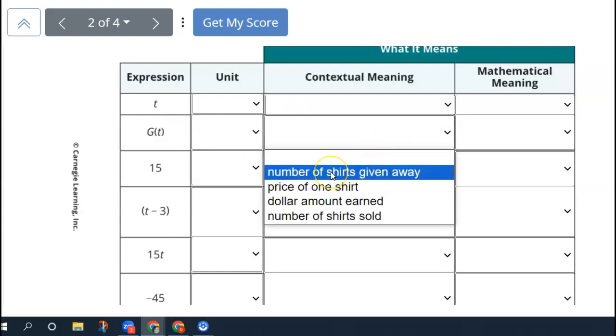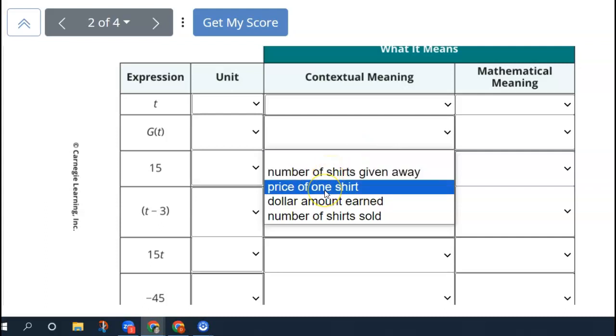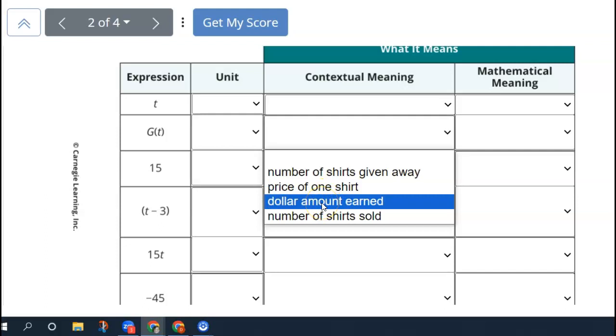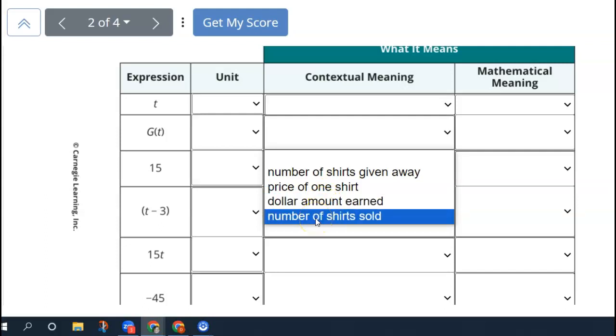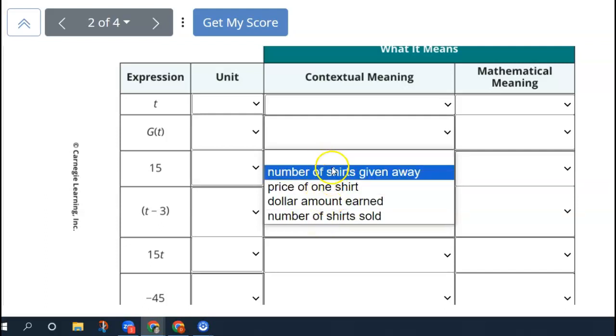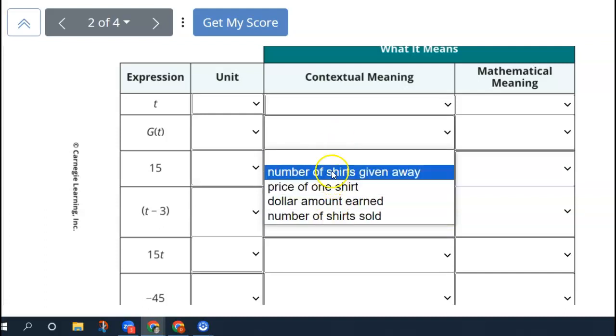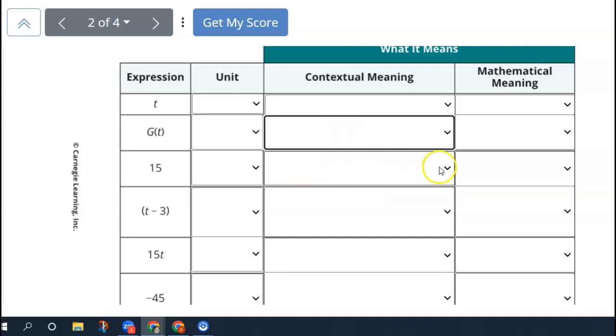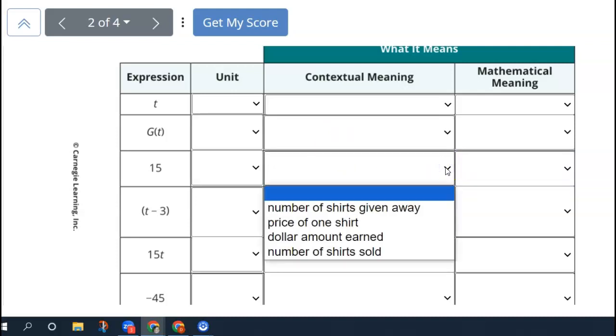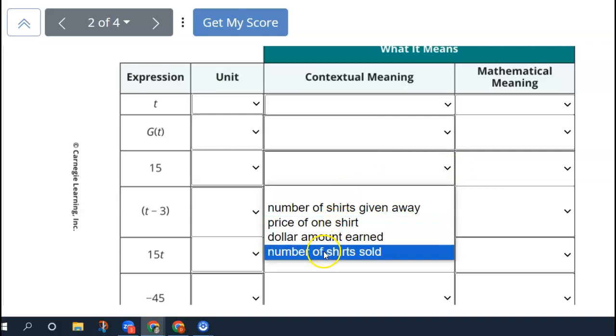Is it the number of shirts given away? Is it the price of one shirt? Is it the total dollar amount earned, or is it the number of shirts sold? So you decide, what does the output of this function tell us? Which one of these four things? Same with the 15. What does the 15 represent between these four choices?